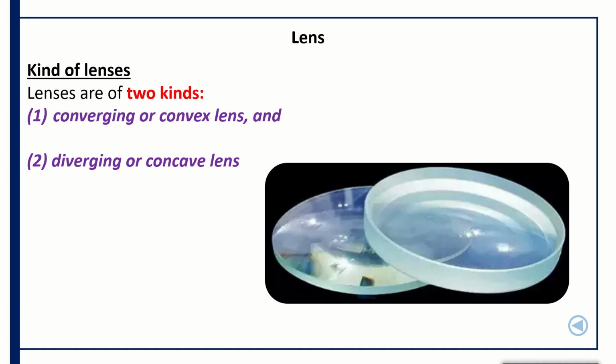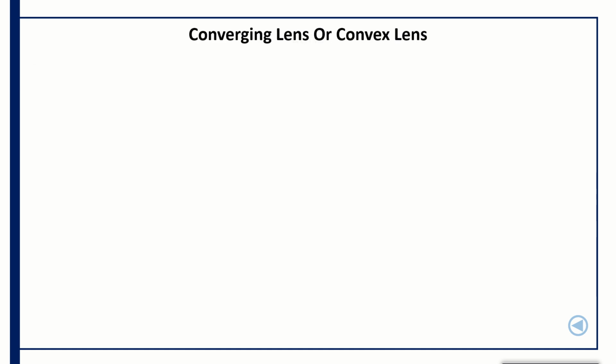So lenses are basically categorized in two types. The convex lens, which is converging the light, so we call that also converging lens. Concave lens, which diverges the light, so we call that diverging lens. So these are the main two types of lenses.